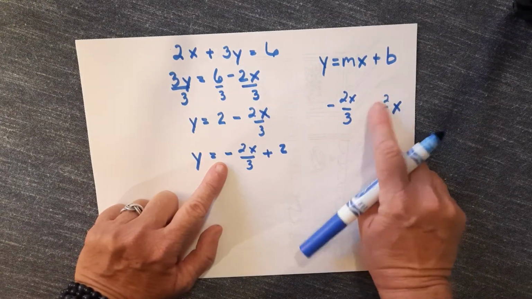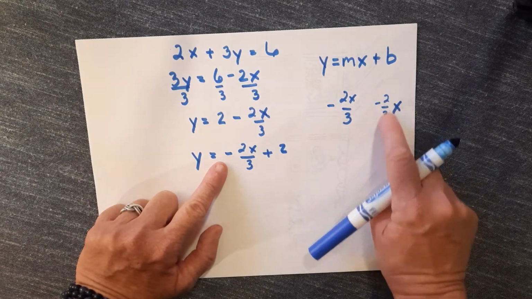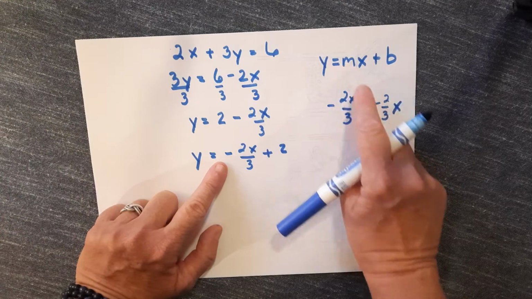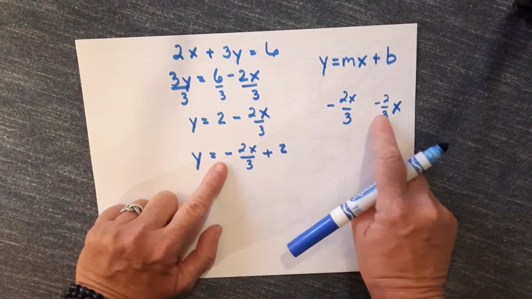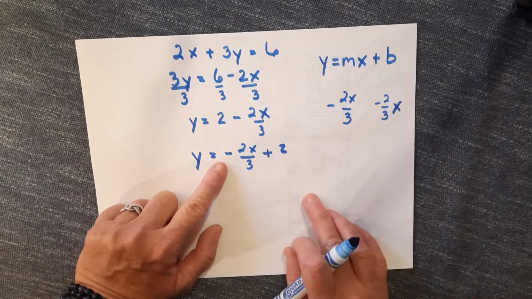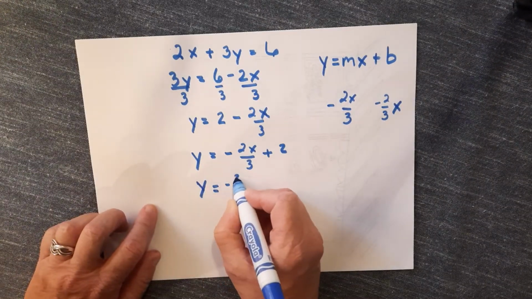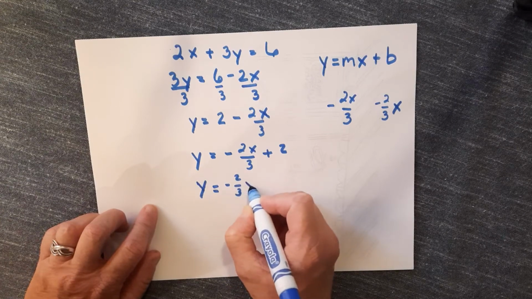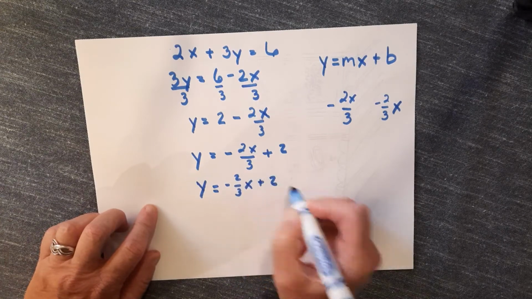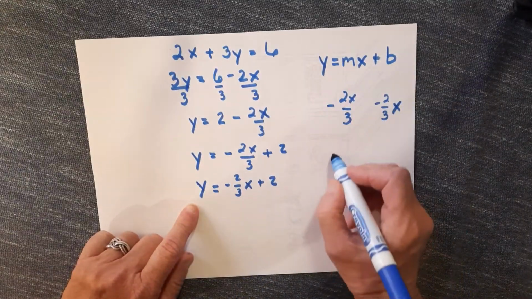And when we rewrite negative 2x over 3 as negative 2/3 x, we can clearly see that the slope, which is the coefficient of x, is negative 2/3. It's just easier to see it if we rewrite it that way. So we have negative 2/3 x plus 2. Now we're ready to graph because we have this written in our correct format.